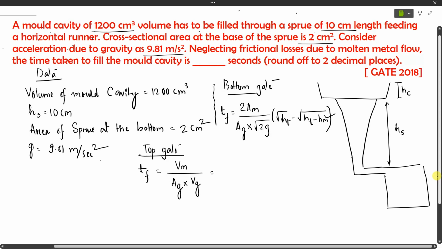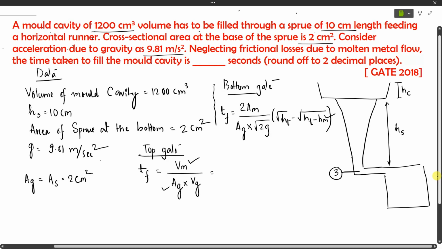Now volume of the mold is given, Ag is given. If we observe it clearly, this section 3 is nothing but the base of the sprue, as well as the area of the gate as well. That Ag, area of the entry to the gate, is nothing but area of the sprue, equal to 2 centimeter square. So this is also given.